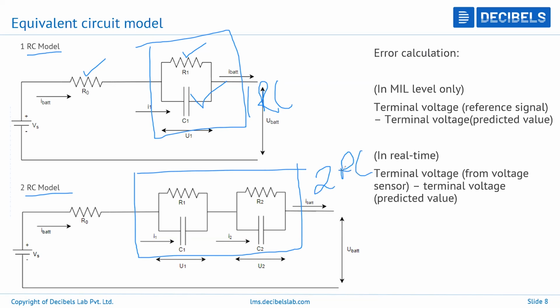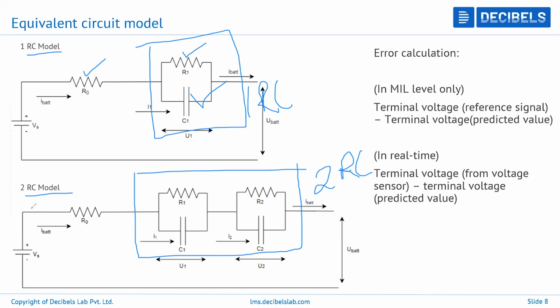There is variation in the RC branches because you are categorizing the internal resistances in different ways. That's why you're able to see either one RC or two RC. It is purely left to the model simulation engineer which degree of complexity to choose for the simulation.